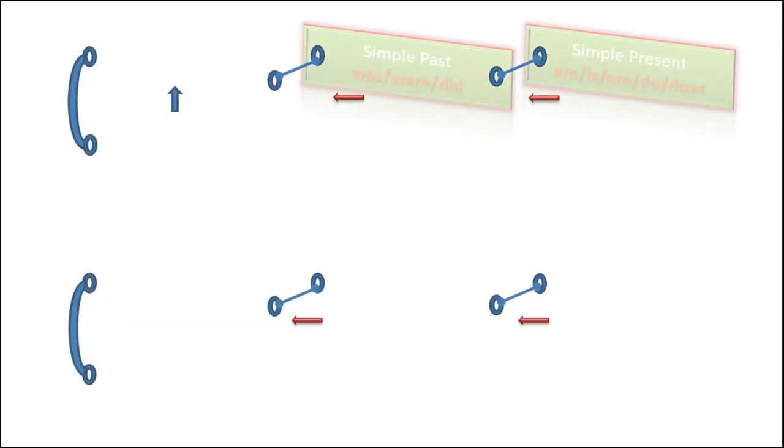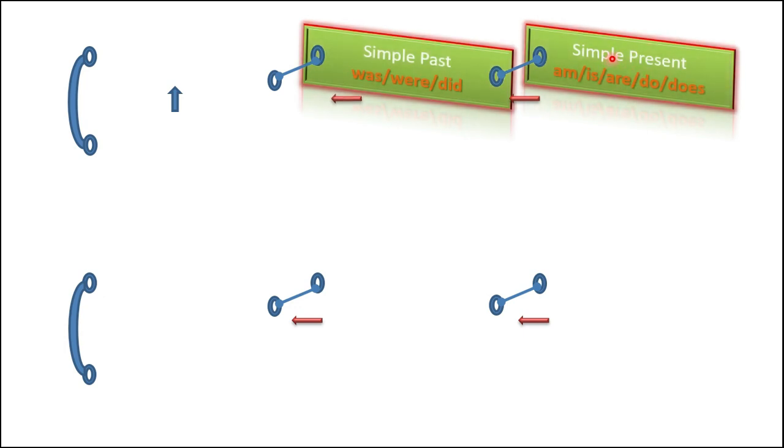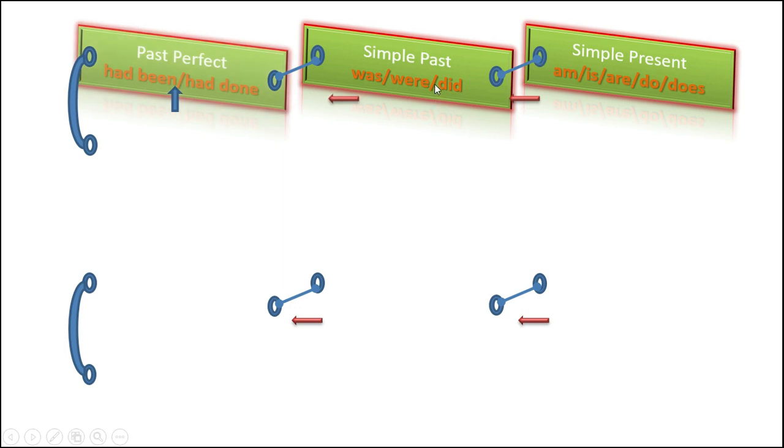You know, tense takes one step back from direct speech to indirect speech. Like if we have simple present tense in actual speech, it changes to simple past, and simple past changes to past perfect. And what about past perfect tense? Any guesses?